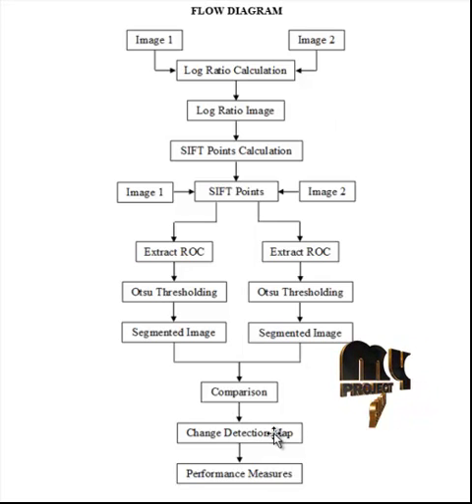The final image depicts the regions in which changes have been measured. Finally, we measure the performance of the process with the help of the calculation of false positives, false negatives, and the overall percentage of correct classification of the resulting segmentation.